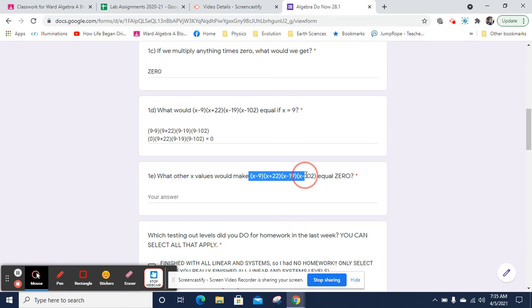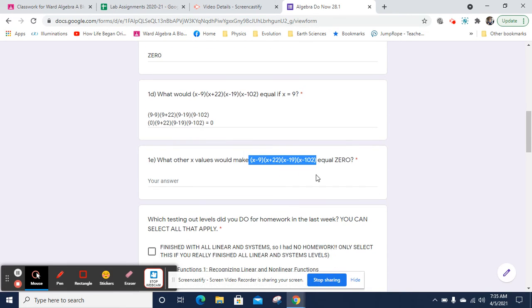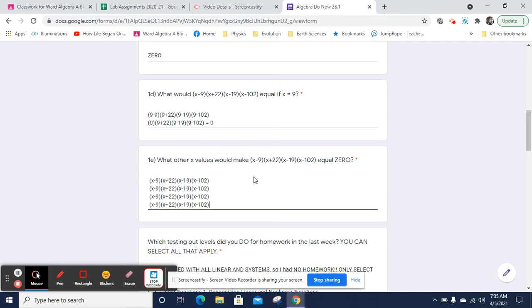Well, there's some things we could do. So I'm going to copy this in here, and I'm going to do it 4 times. So the first one, of course, we already know that 9 minus 9 will make the first factor equal 0. Everything else being 9 minus blah, blah, blah, we don't care about all that other stuff. But what would make x plus 22 equal 0? Well, negative 22 plus 22 would be 0.